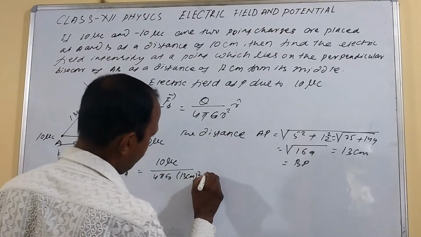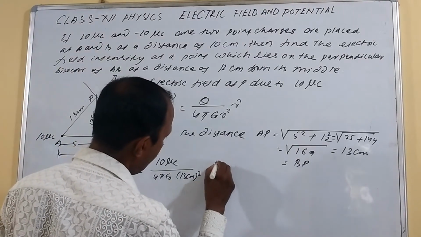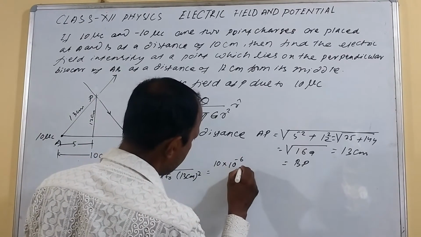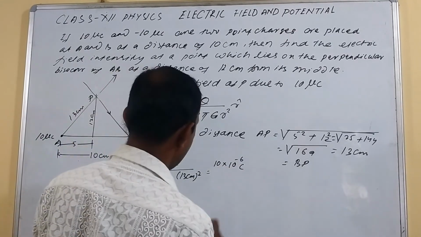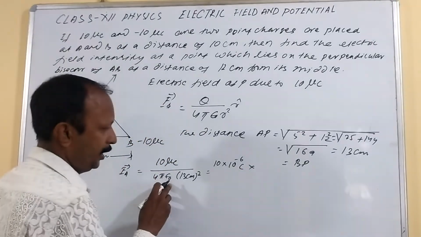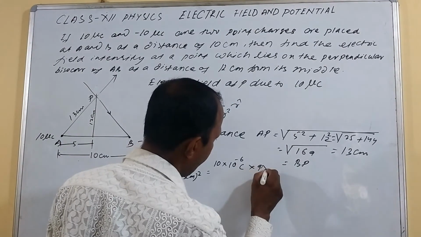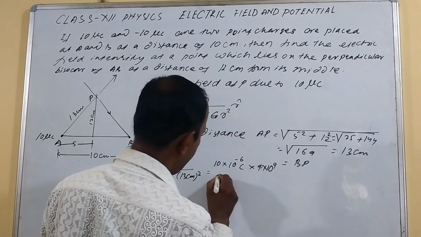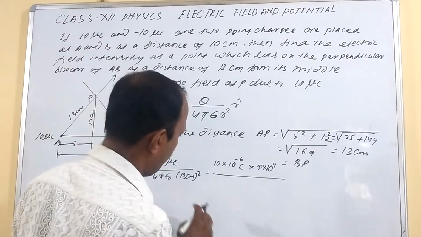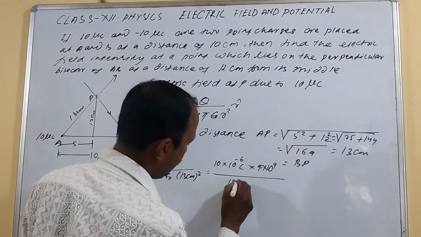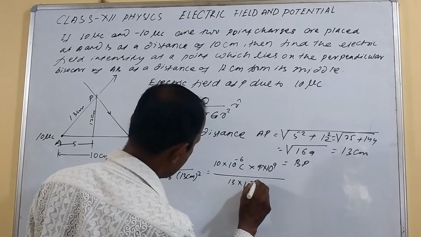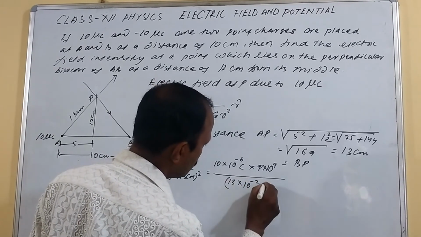This is equal to 10 into 10 to the power minus 6 coulomb into 1 upon 4 pi epsilon naught, which we know is 9 into 10 to the power 9, divided by 13 into 10 to the power minus 2 meter square.